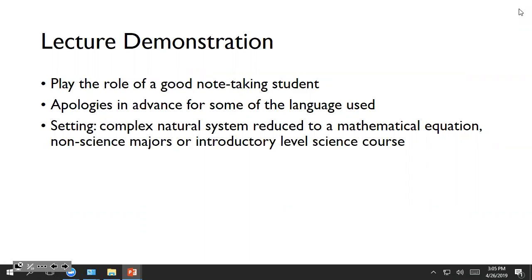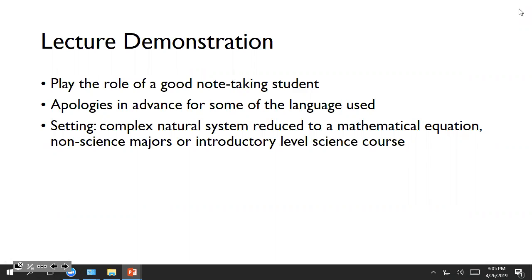All right, so the setting is this. We are in a STEM kind of class where we are analyzing this very complicated natural system, whatever that could be, and it has been reduced to a mathematical equation, mostly for a non-science major class, or perhaps an introductory level science course.